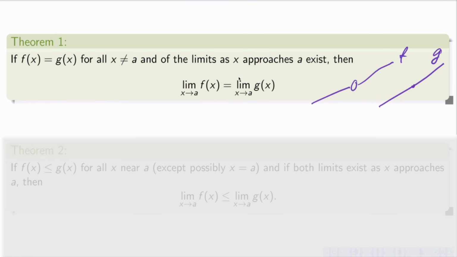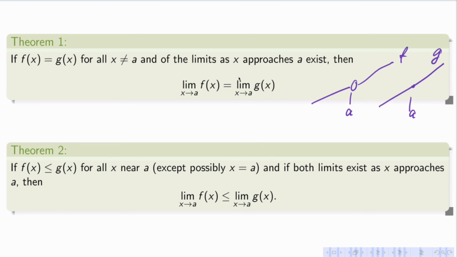So then f is not defined at A, but g is defined at A, but the limits are the same. So also in f, if you come from the left or from the right, you approach the same limit as g would. And then here's another interesting property. If the function f is always lower or equal to the function g, then the limit as x goes to a of f will always be less or equal to the limit as x goes to a of g of x.